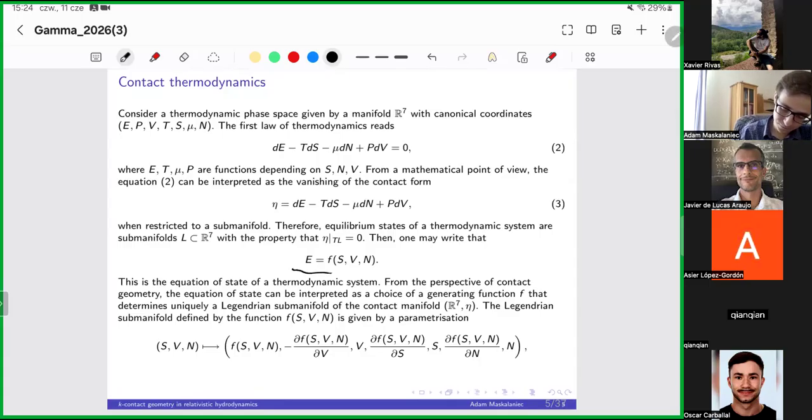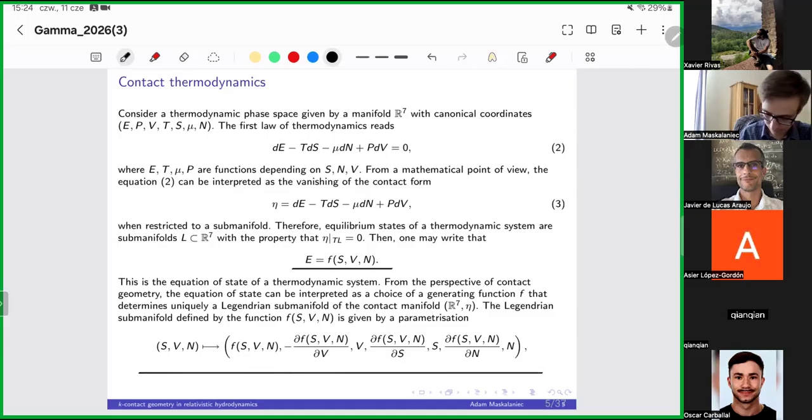And physically, this generating function of a Lagrangian submanifold, which gives us a parametrization of such a submanifold in this coordinate way, is just our equation of state.